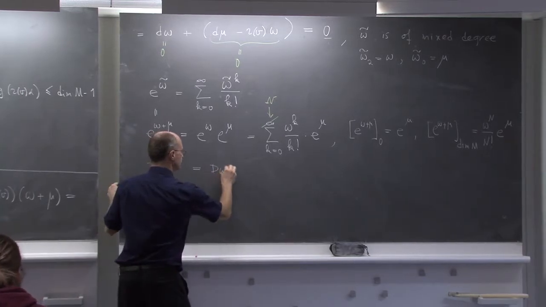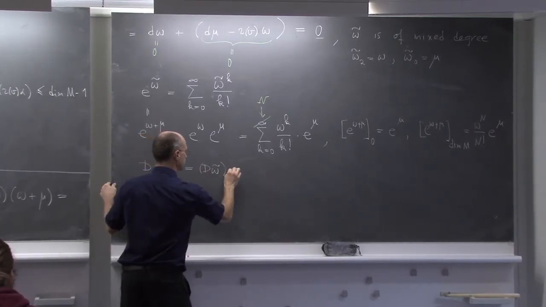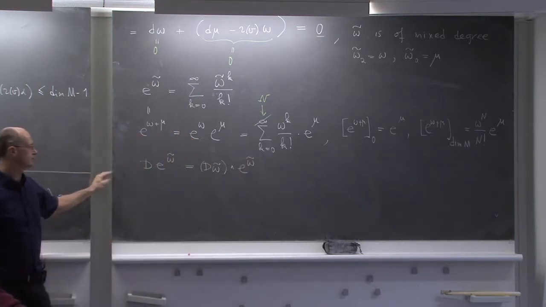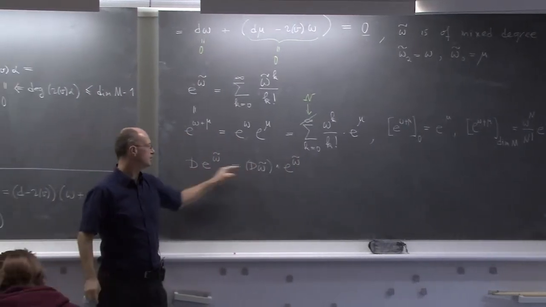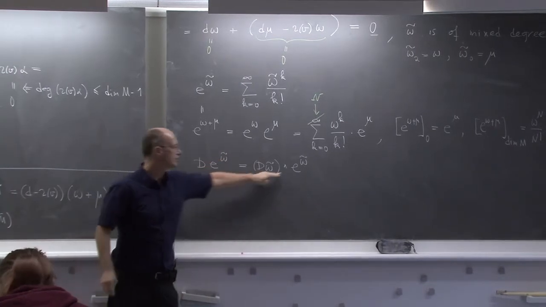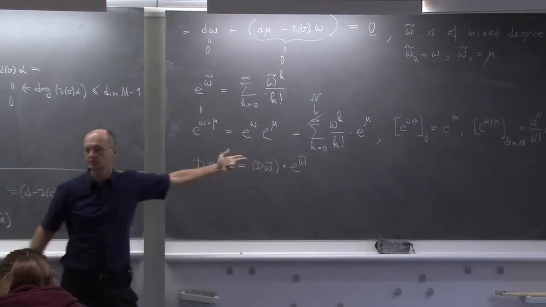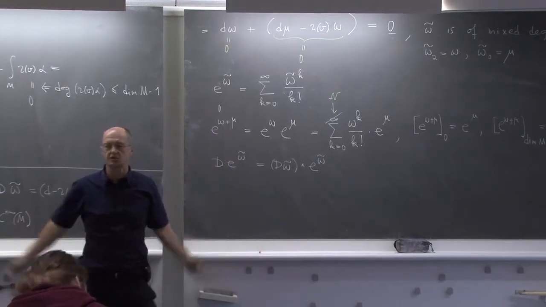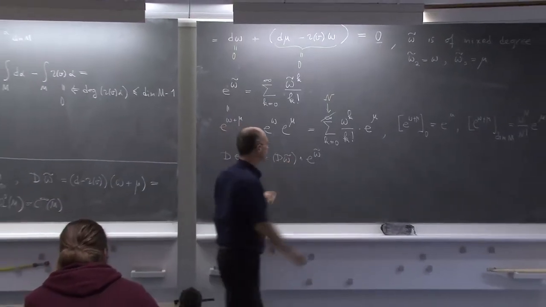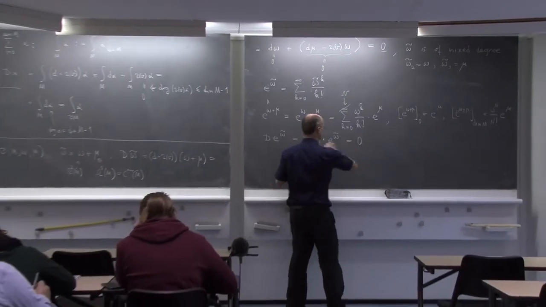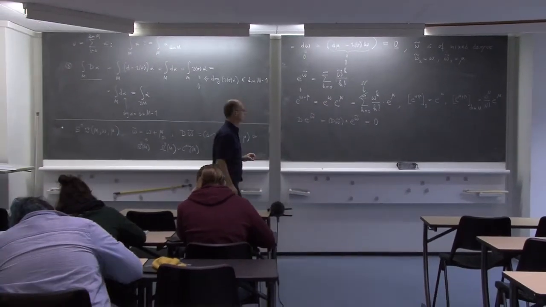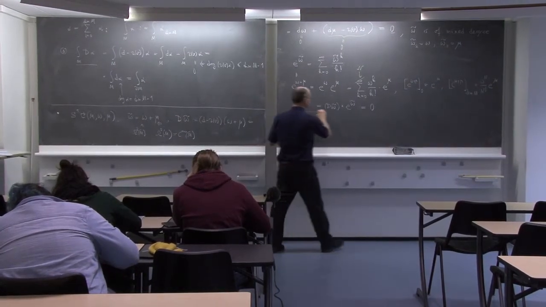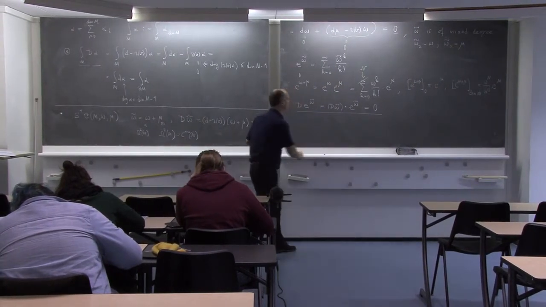And this means there is this formula. So d of exponential is d of the exponent times the exponential. Right? So that just because all the rules of calculus, they still apply. But d omega tilde is 0. So it is 0. Right.